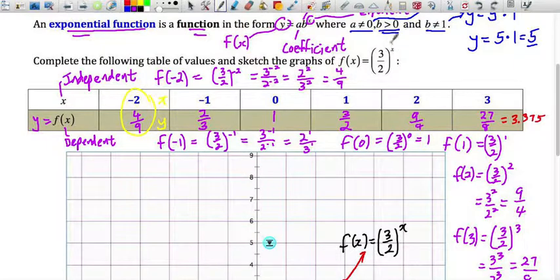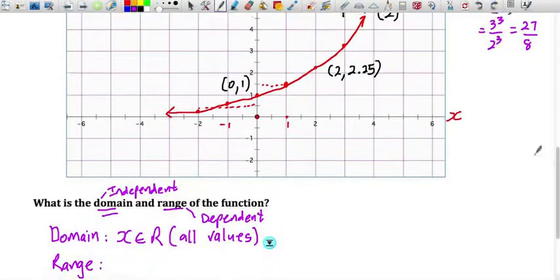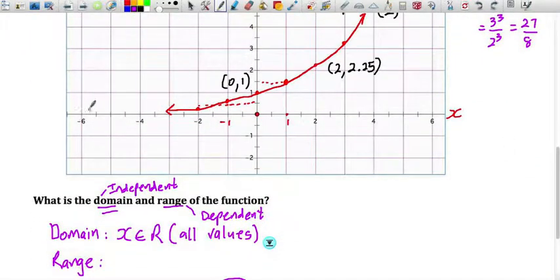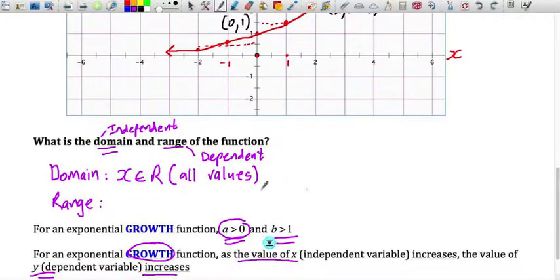Remember, a negative exponent means a fraction. It does not mean a negative value. So the graph is going to get infinitely closer to the x-axis, but never touch it and never go underneath. And so for our range, we have y greater than 0, or all positive values.